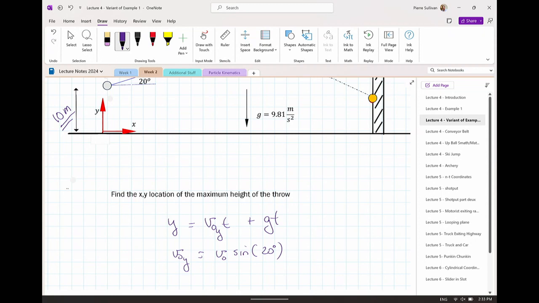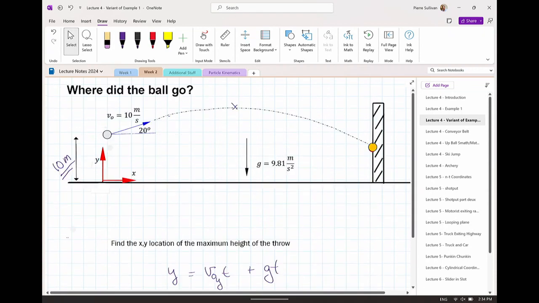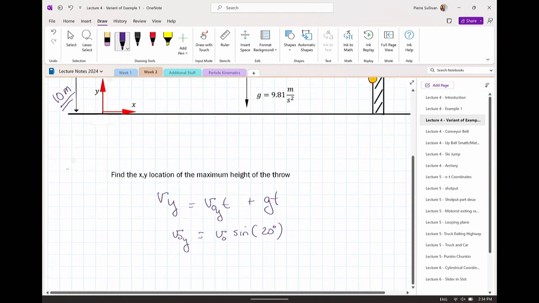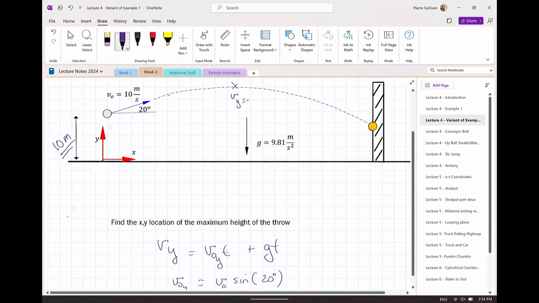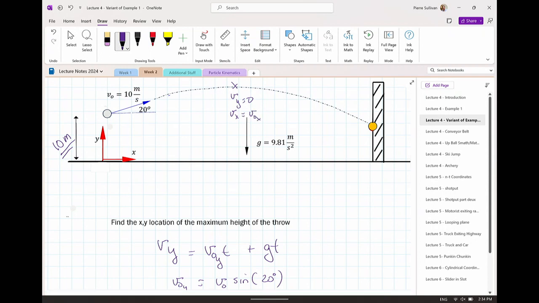So one thing that I know is that at the maximum height, Vy is equal to 0.